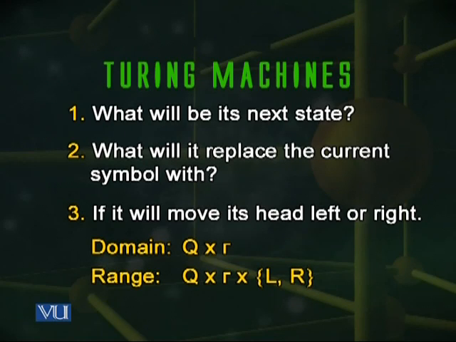The range of the transition function is Q cross gamma cross {L, R}, which means that it would tell us what would be the next state, what would be the replacement of the current symbol, and whether the tape head will move left or right. Therefore, the delta function specifies all the 3 decisions the machine has to make, and it does so by looking at the current state and what is being read by the tape head currently.